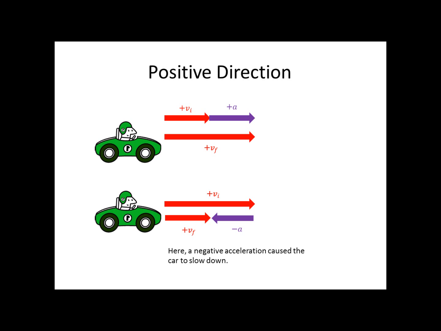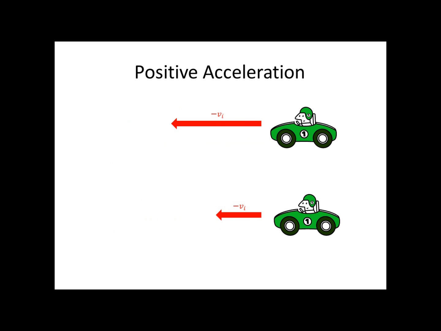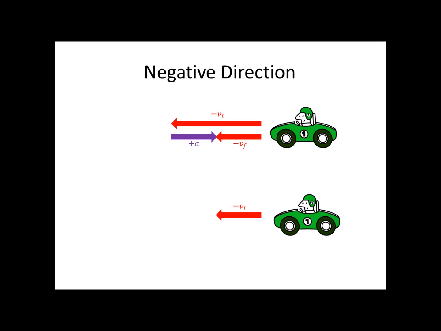Let's flip things around a little bit and look at it going the other way. So the top car has a negative velocity. When we apply a positive acceleration, this time in the negative direction, it's going to make his final velocity smaller than his initial velocity. If we apply a negative acceleration, it's going to increase his negative velocity.